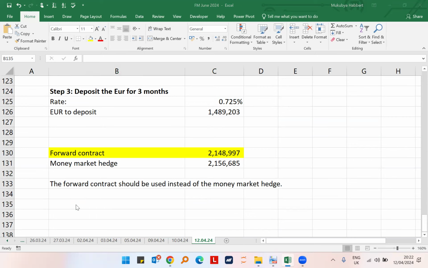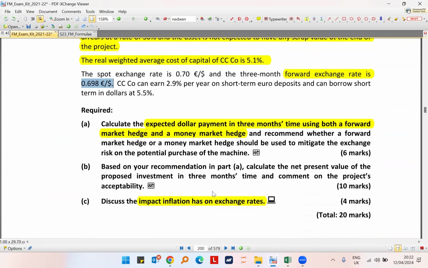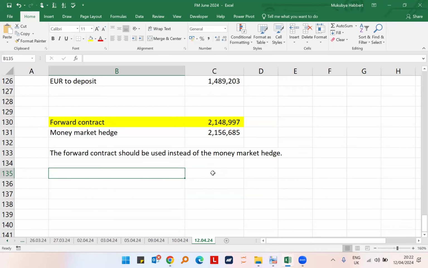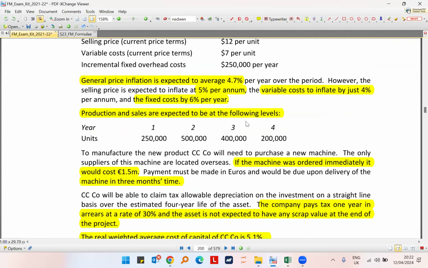So now they told us that, based on what we have got, let's calculate net present value. So now what comes next is pretty much what we have been doing for some time now. We set up years 1, 2, 3, 4. So remember, this project is for 4 years, but we pay tax 1 year in arrears.